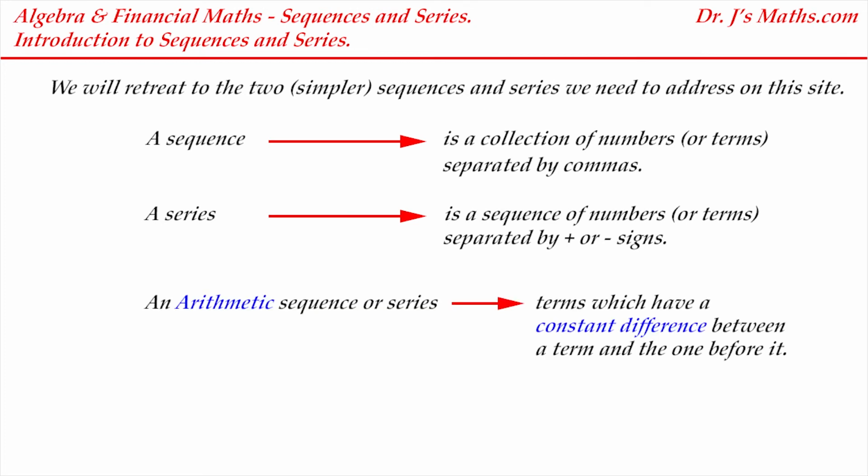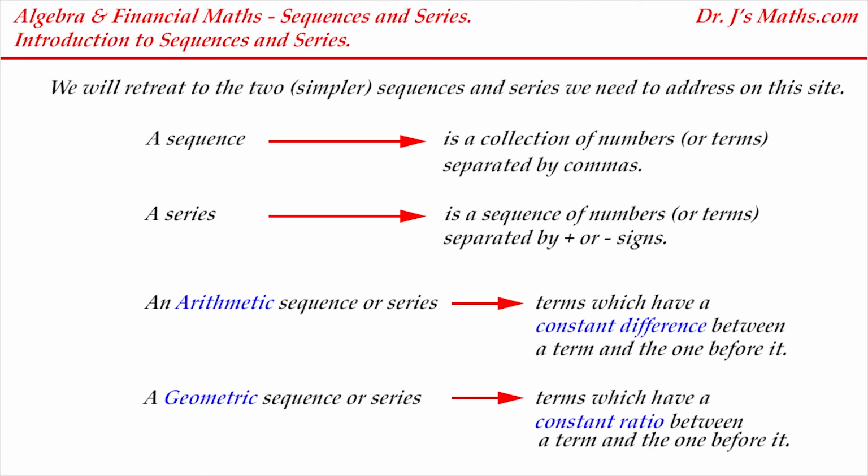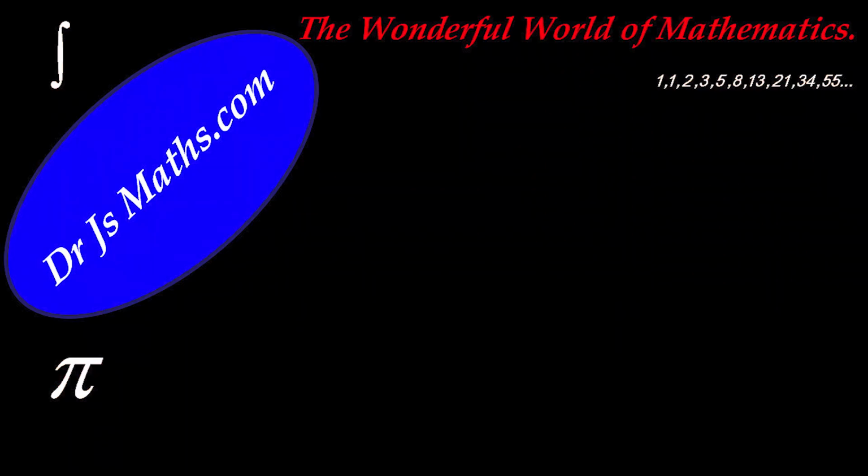An arithmetic sequence or series is where terms have a constant difference between one term and the term before it. In contrast, a geometric sequence or series is where terms have a constant ratio between a term and the one before it. So you should now have the steps to differentiate between sequences and series, and at least know the differences between arithmetic and geometric sequences and series.